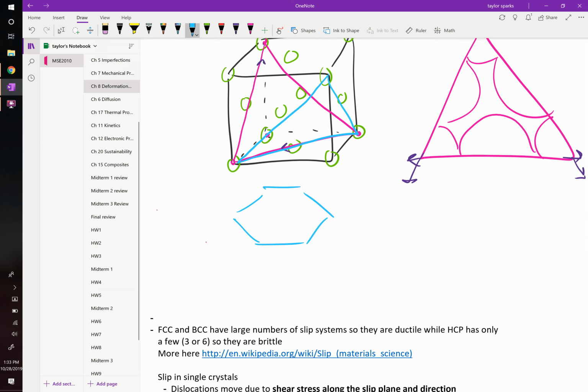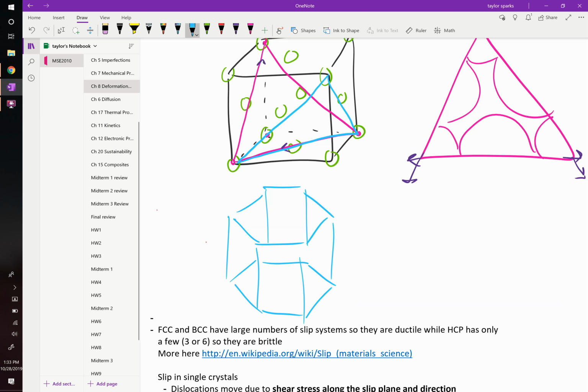You've got slip systems along that top and bottom plane, what's called the basal plane, but you don't have slip systems moving vertical to it. So you have great ductility in the plane, but not out of plane. And so overall, materials that are HCP are a much less ductile metal, right? Any questions so far on slip systems?